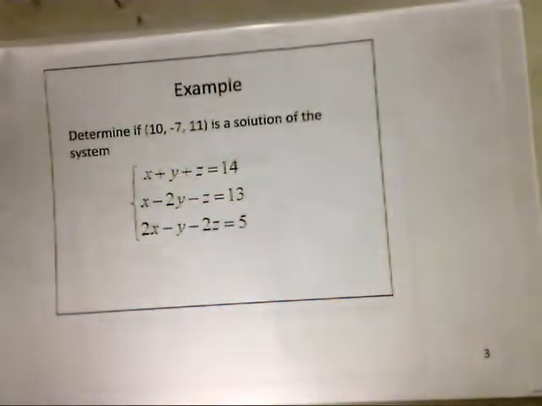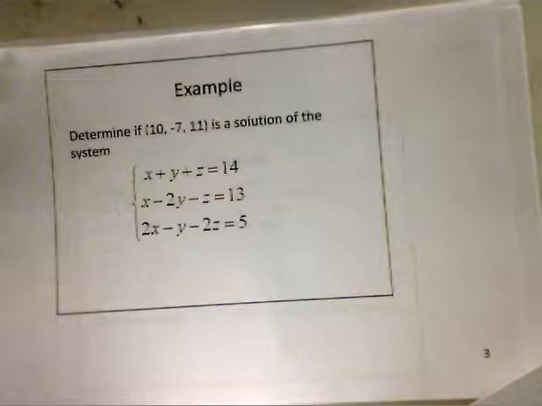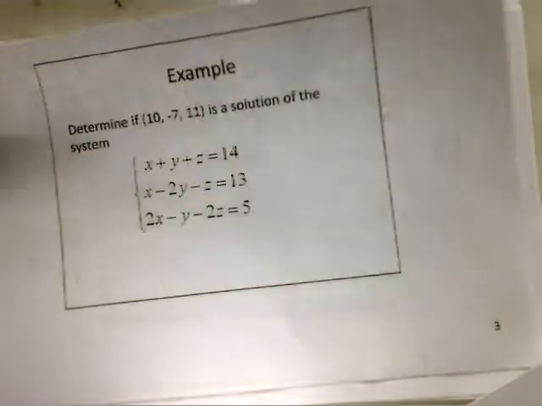In this case, ordered triple means you have an x, a y, and a z coordinate, and you want to determine if that ordered triple represents the solution to that system of linear equations. So what I'm going to do is pull out a blank sheet of paper so that we can work this out.